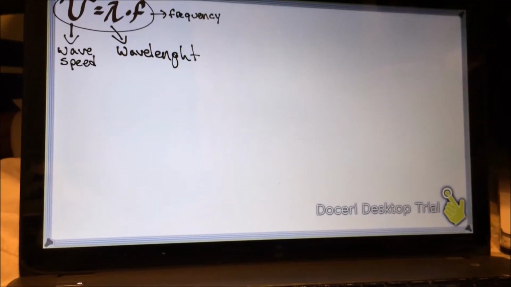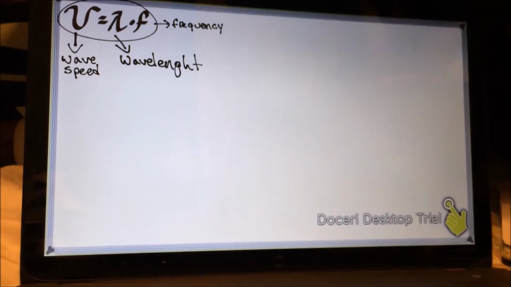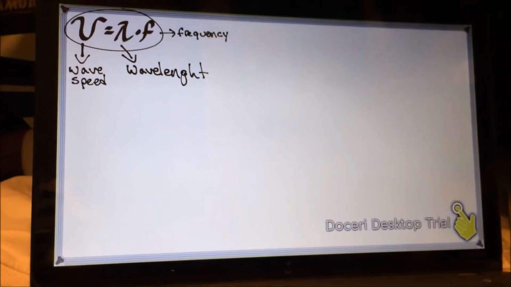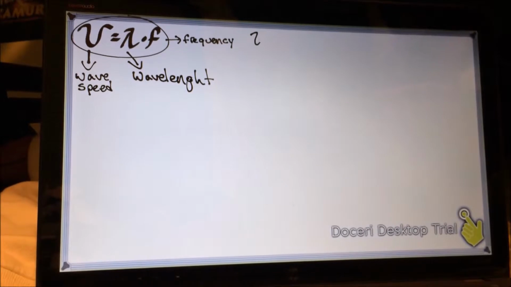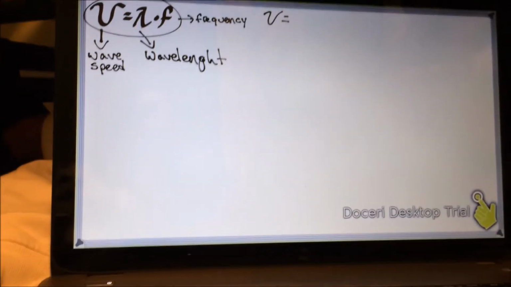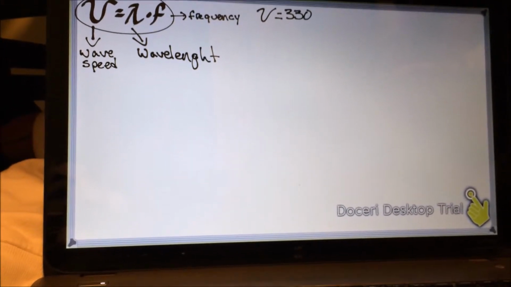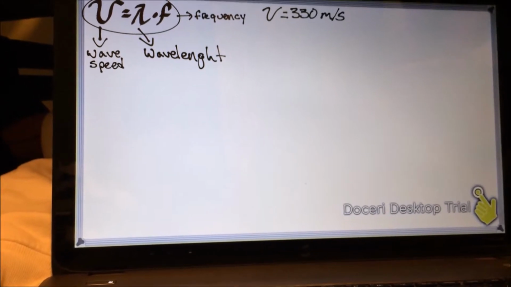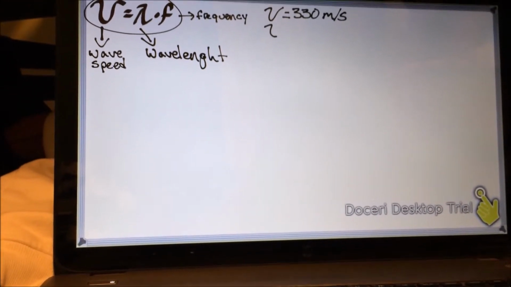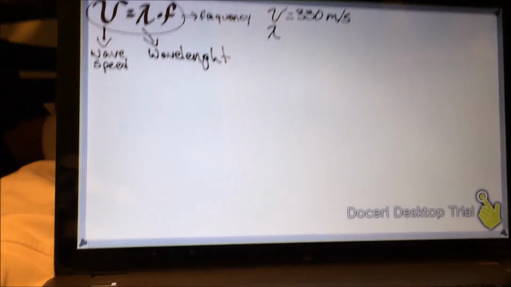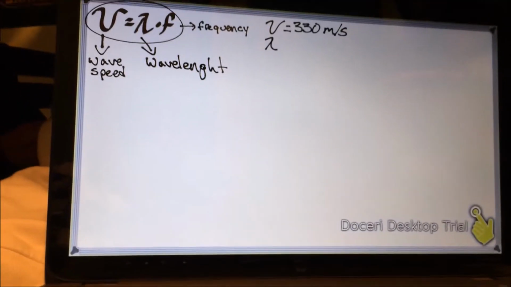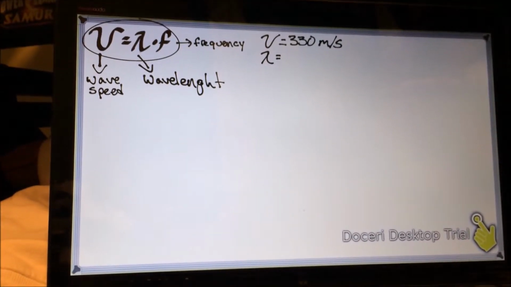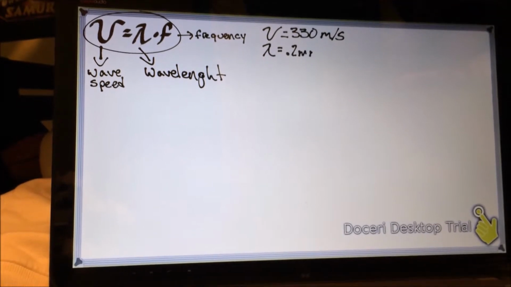Now we are given the speed of the wave, which is 330 meters per second. We are also given the wavelength, which equals 0.2 millimeters.